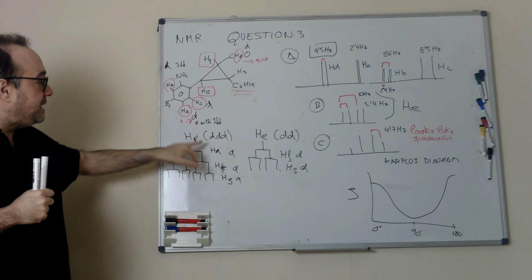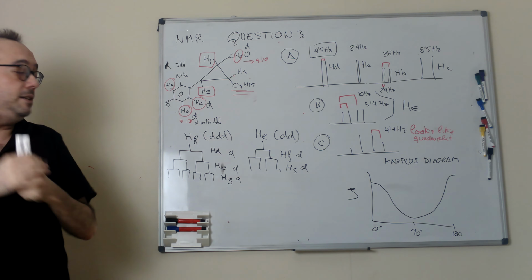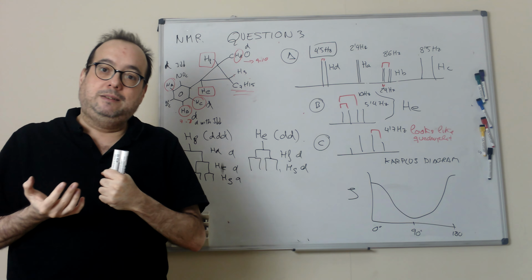But HF is a doublet of doublets of doublets. It's coupling with three different hydrogens. What happens if the coupling constants between these three doublets are quite similar? Okay?